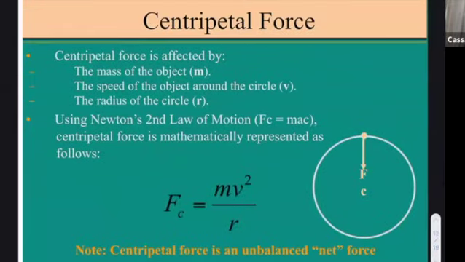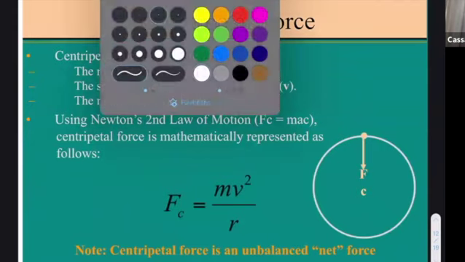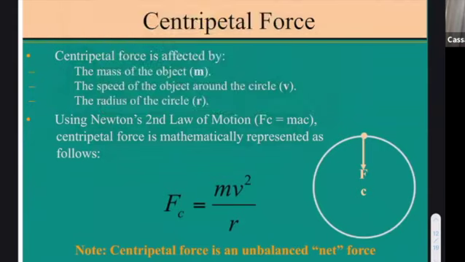So centripetal force is affected by mass, velocity, and radius. We know this because we remember that F is equal to ma, and acceleration is equal to change in velocity over time.